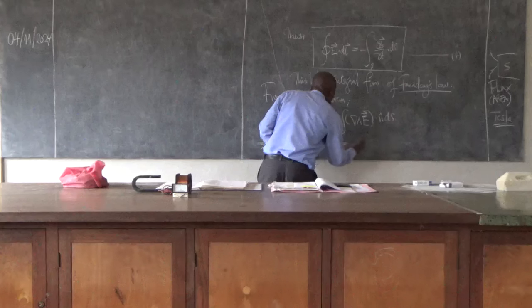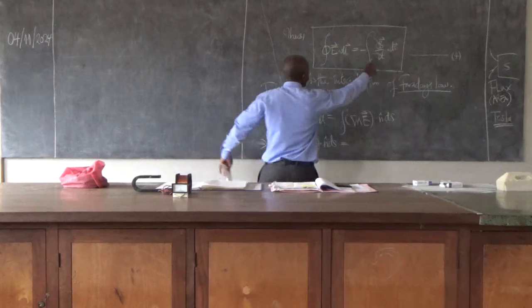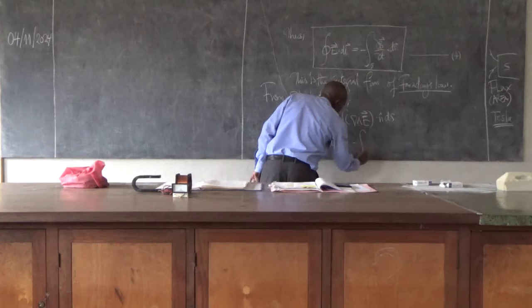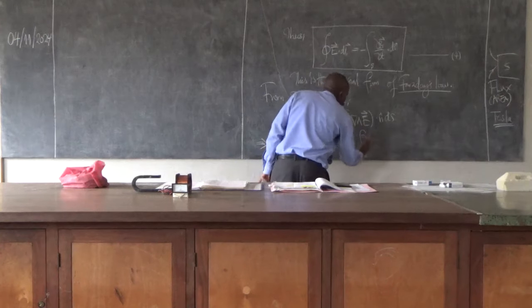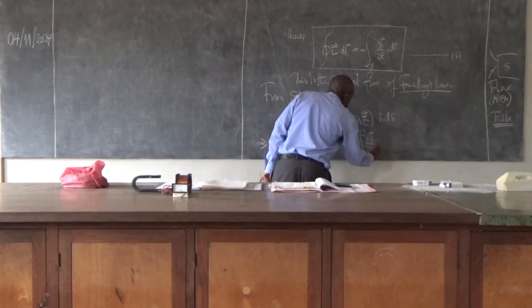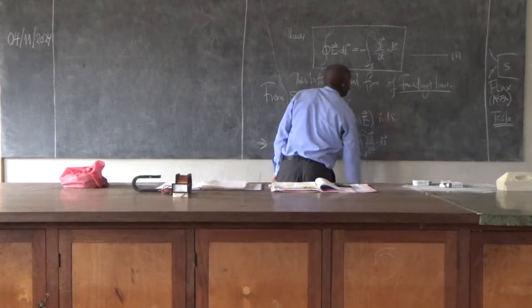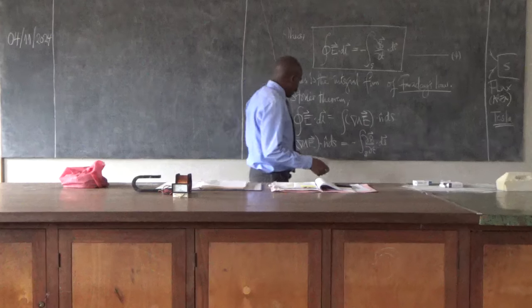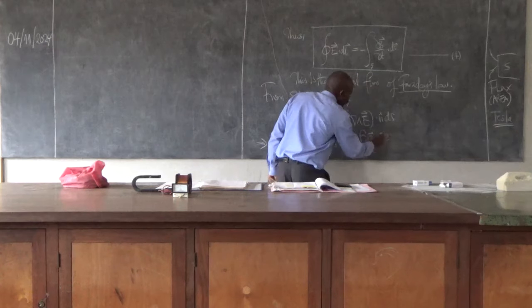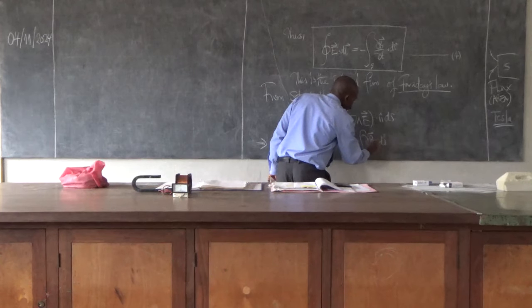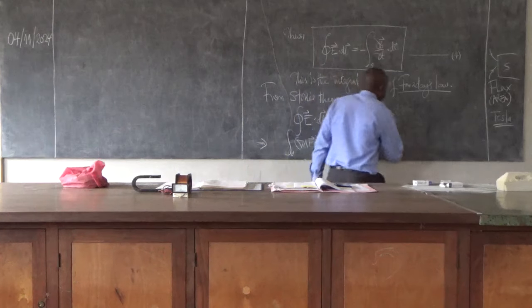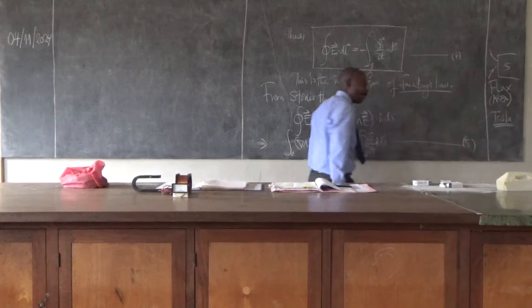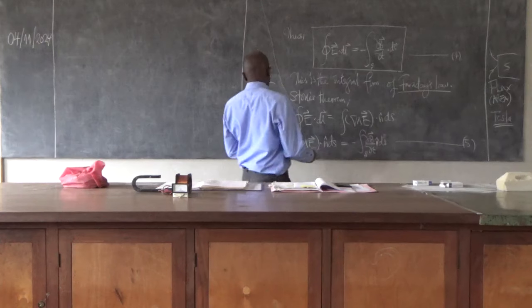This would be the same as what it was being equal to here, which is a minus integral over the surface S of the partial of B by the partial of t dot dS. So for uniformity we can just make sure that we write it in this form, and this one is equation 5.